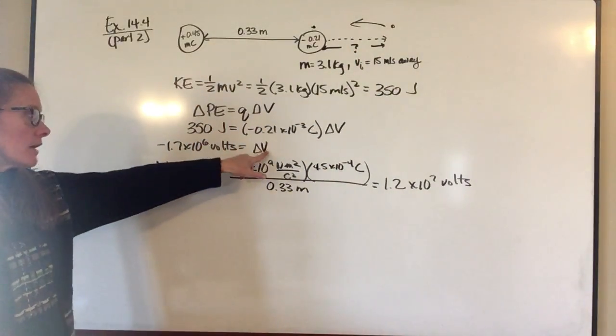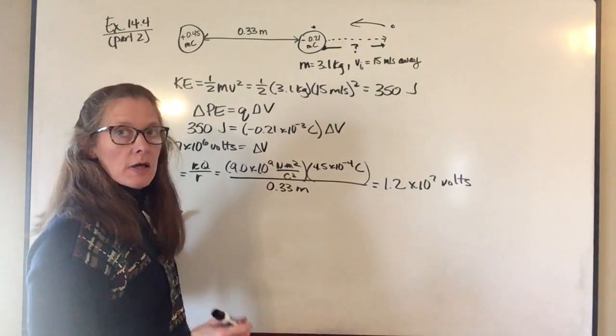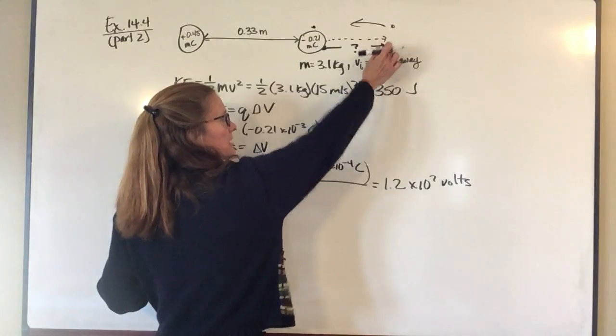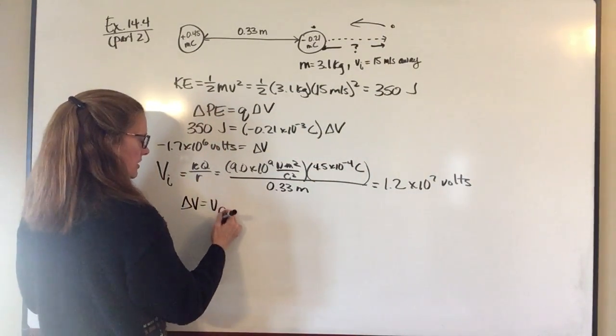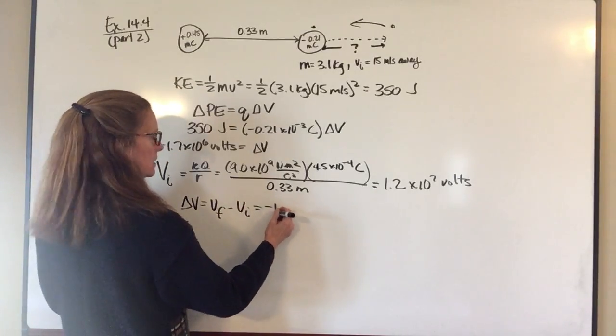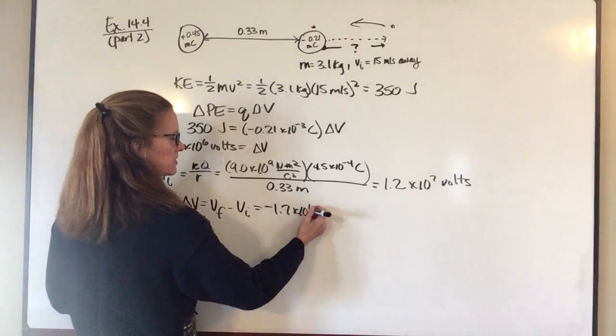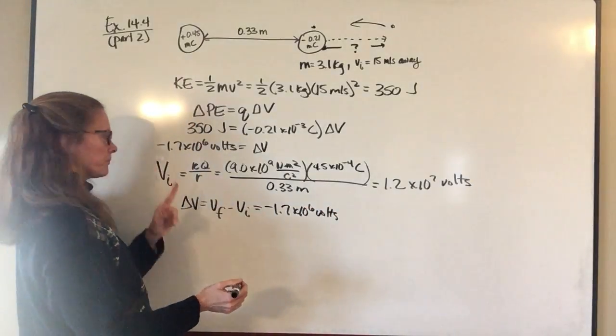But I know delta V and I know V sub I, so I can calculate what the potential would be at that location, because delta V is V sub F minus V sub I. I know that delta V is negative 1.7 times 10 to the 6th volts, because that's what I calculated up here.